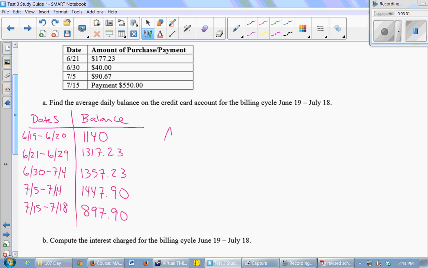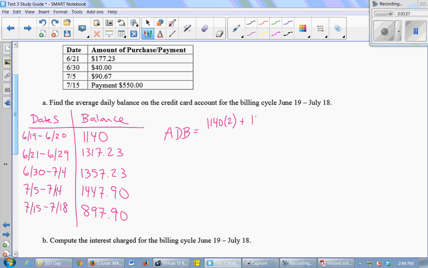And then the average daily balance would be if you took the balance on each day, each of the 30 days of the month of June 19th to July 18th, add up all the balances and divide by 30. So a quick way of adding up these 30 balances is to say, well, her balance was $1,140 for 2 days, so multiply by 2.